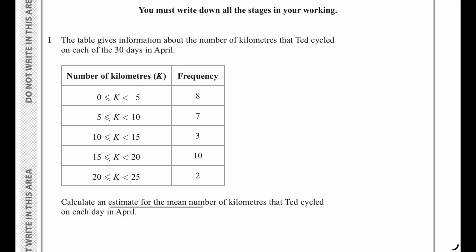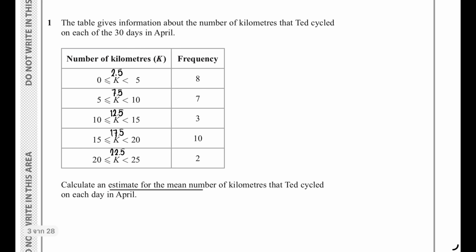First of all, we have to find the middle value of each interval. The middle value of this one is 2.5. This one is 7.5. Next is 12.5. Next is 17.5. And the last one is 22.5. Then we multiply by the frequency.